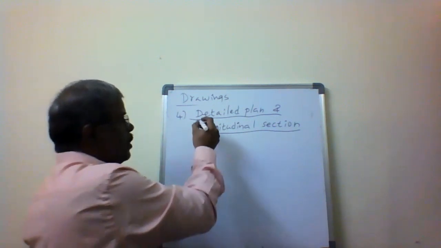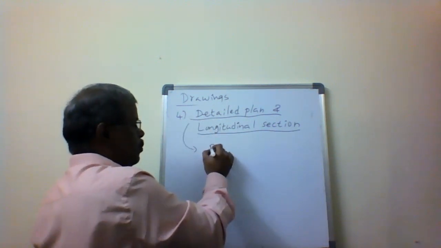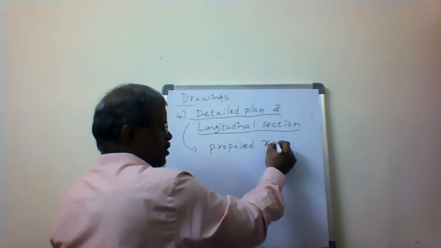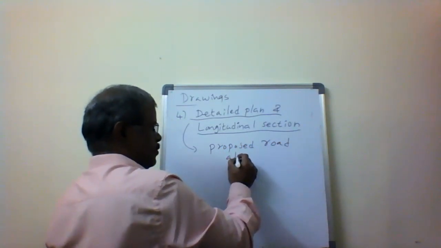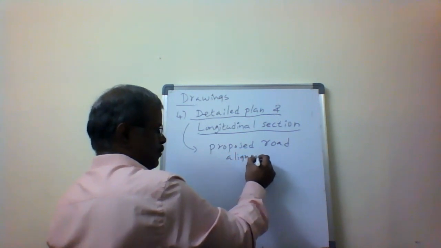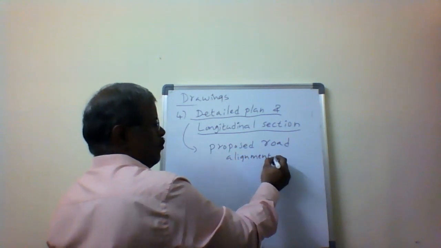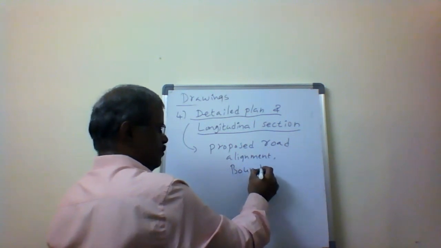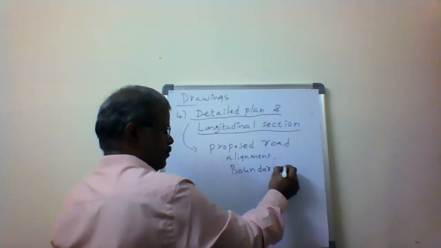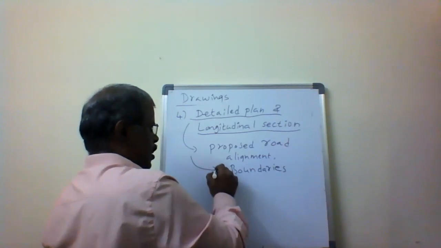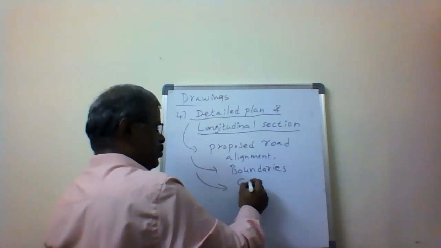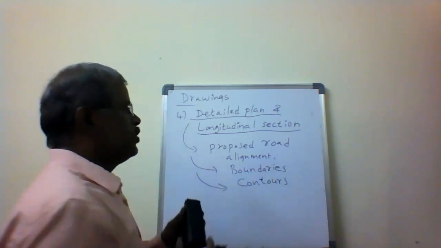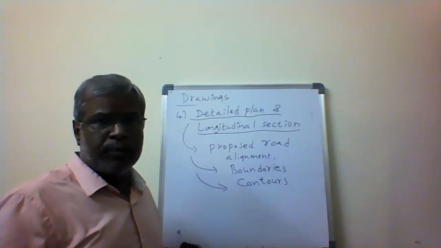The detailed plan is with respect to the proposed road alignment, with boundaries, and then contours. This is the information we get from the detailed plan.